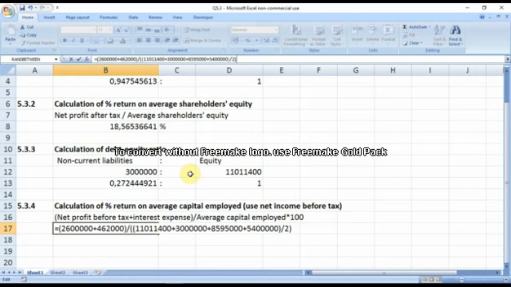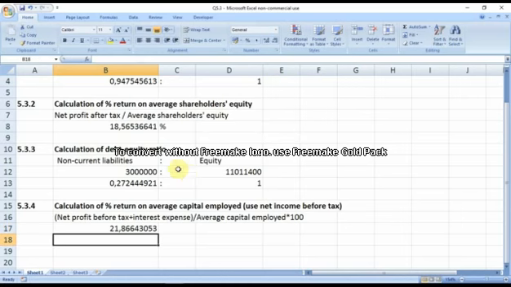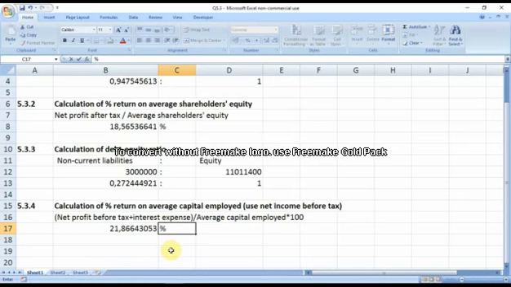And then we still have to multiply by 100 to get the percentage. So now it will depend to how many decimals you round. So if you round to 1 decimal, it will be 21.9%. If you round to 2 decimals, it will be 21.87%.